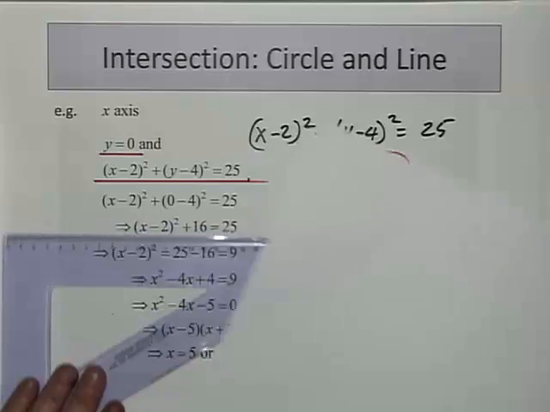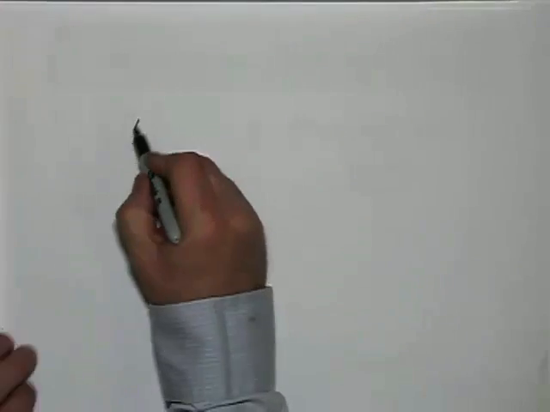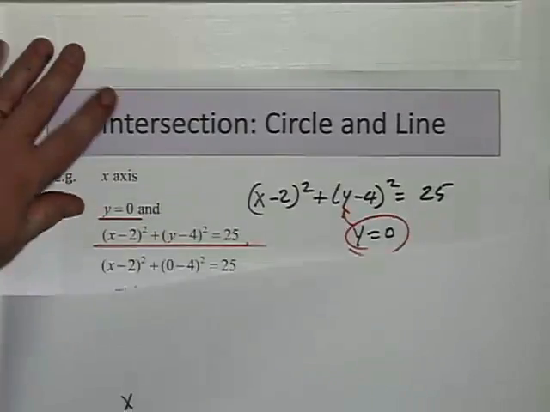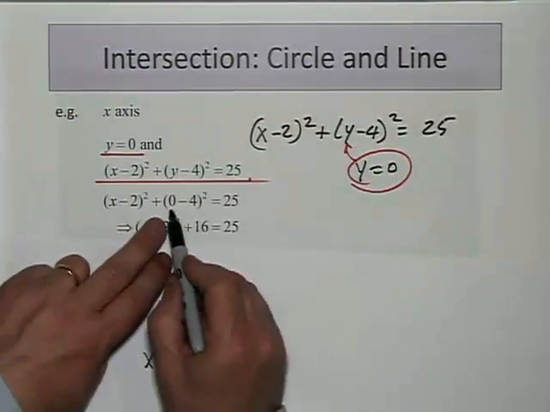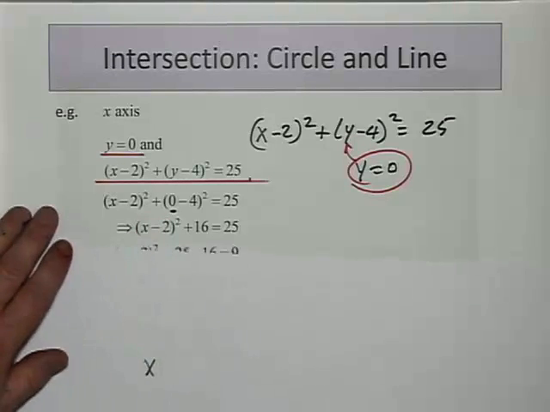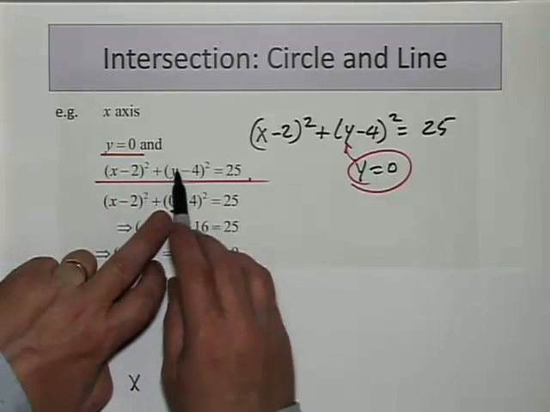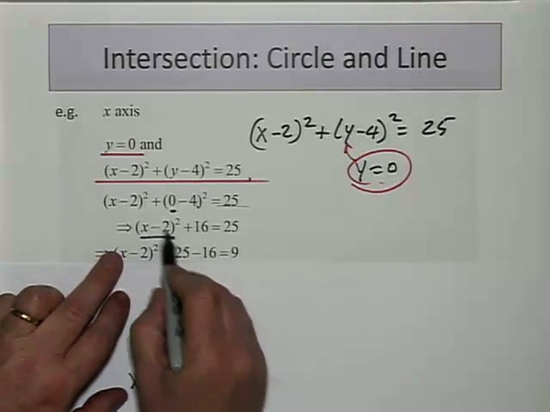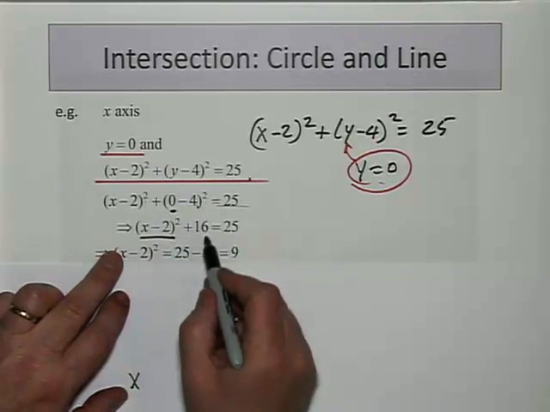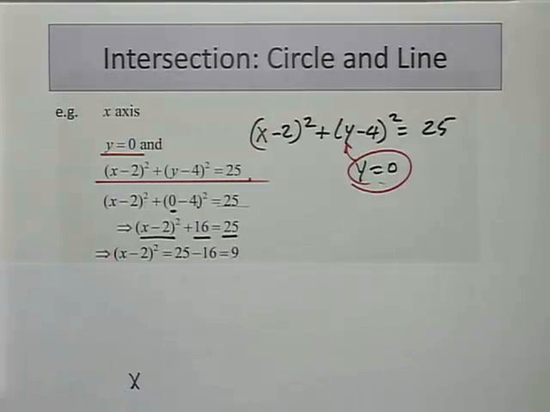So the equation now becomes x minus 2, well you can see it here, developing, that the y has become 0. So x minus 2 squared plus 0 minus 4 squared is 25. Multiplying that in, the x squared is the same. Minus 4 squared is 16, is 25.